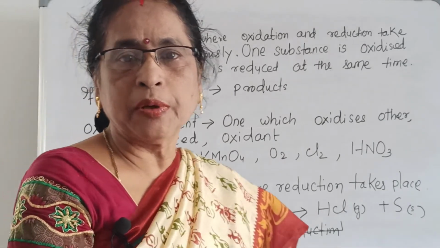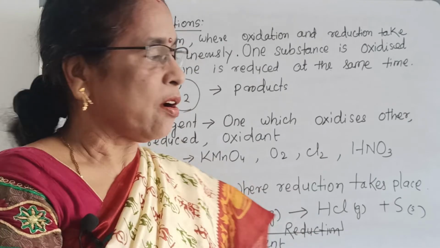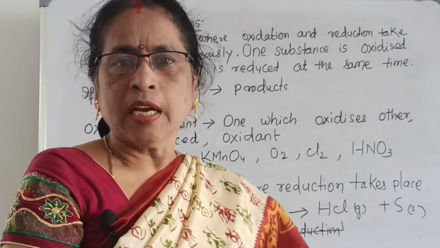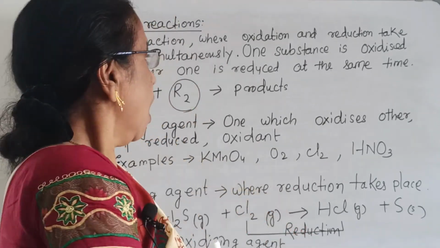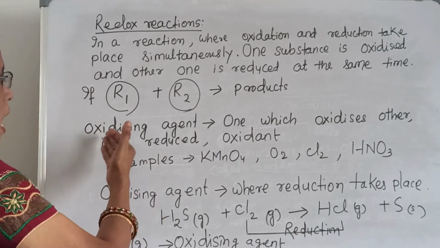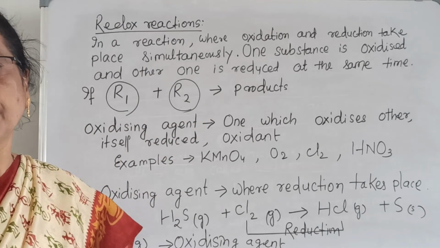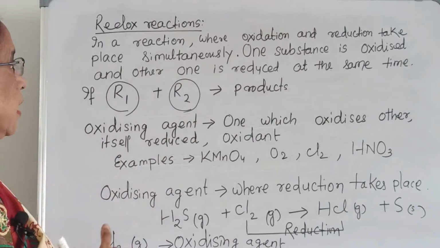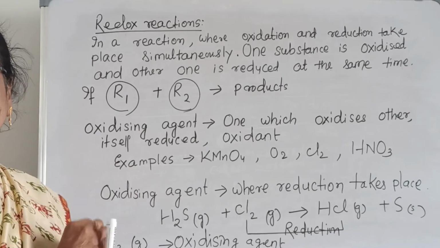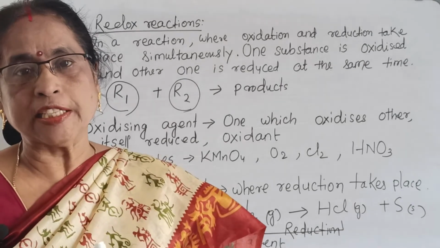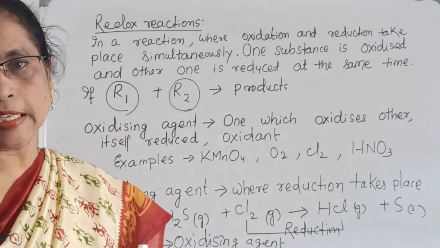Now you remember only that here chlorine is an oxidizing agent because reduction takes place. Next I will explain what is meant by a reducing agent, with examples related to redox reaction, oxidizing agent and reducing agent.